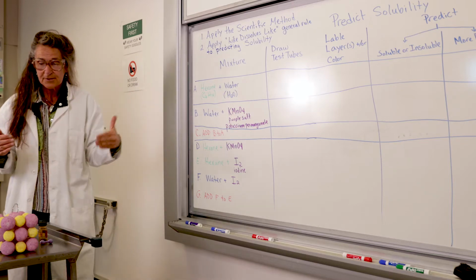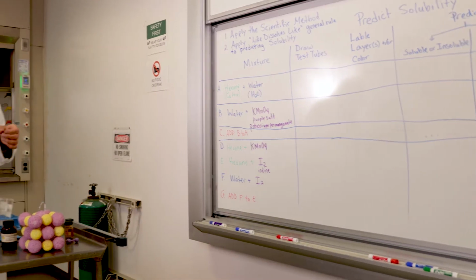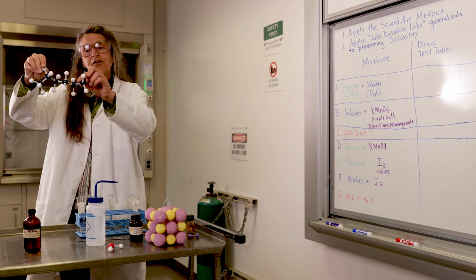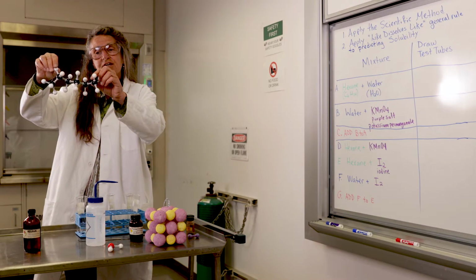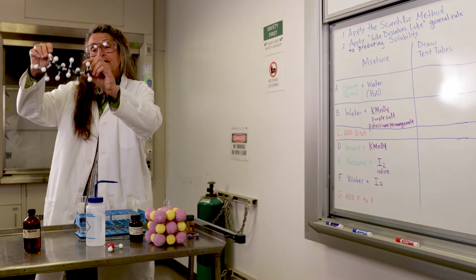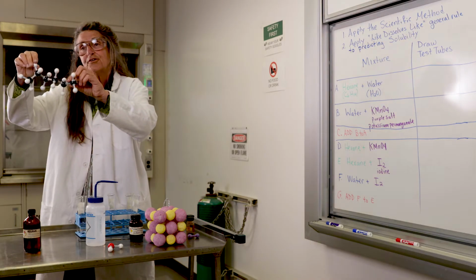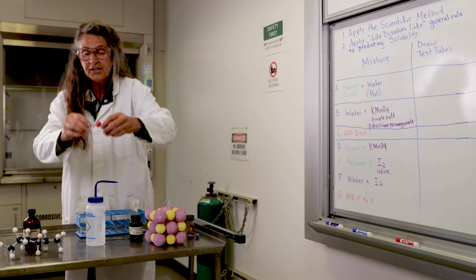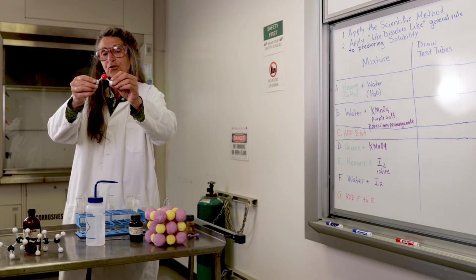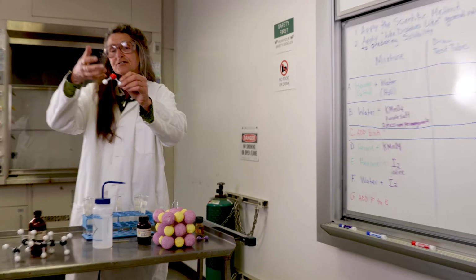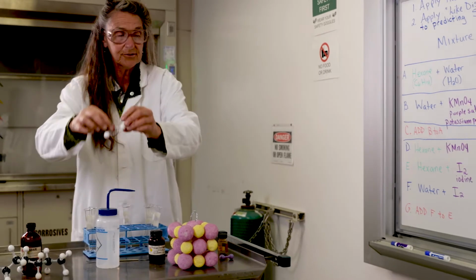As we just mentioned, we saw that hexane is a nonpolar molecule because it has a symmetrical electron cloud, so there's no charge separation. We saw that water is polar because there is charge separation, an asymmetric electron cloud.